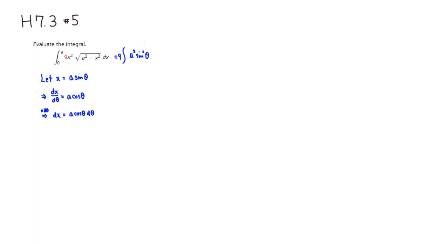If you plug a sine theta in here, you're going to get a squared, so you can pull that out. Then you have 1 minus sine squared, that will be cosine squared, and with the square root it's going to be cosine of theta. Then dx is a cosine of theta d theta, so you have another a and another cosine, so cosine squared d theta.